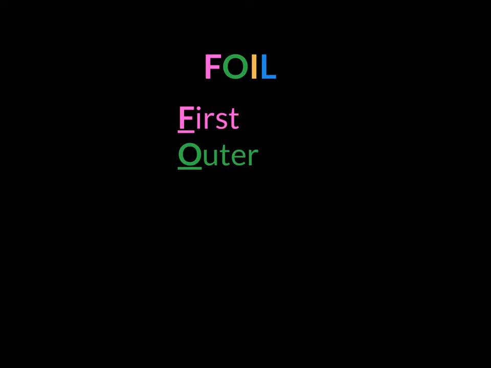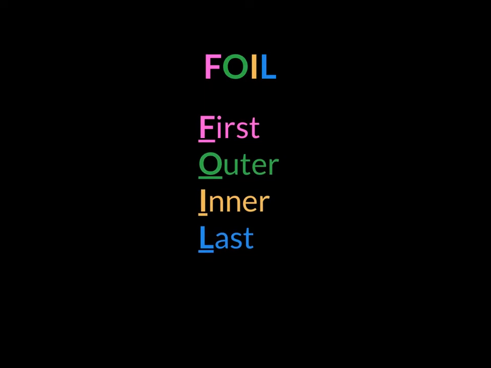And then inner, which means we'll multiply the two inside terms. And then last. We'll do the two last terms. And we'll show you with a couple examples what I mean.